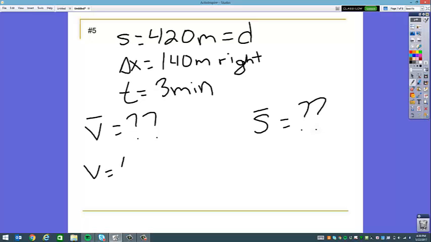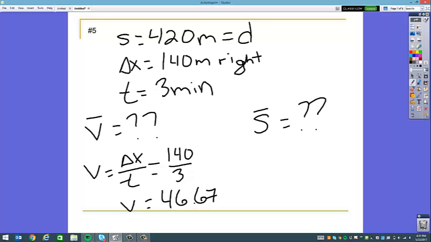Velocity is displacement over time, so 140 over 3. My velocity is going to be 46.67 meters per minute to the right. Make sure you include that directionality. Then to find your speed, it's your distance over your time.